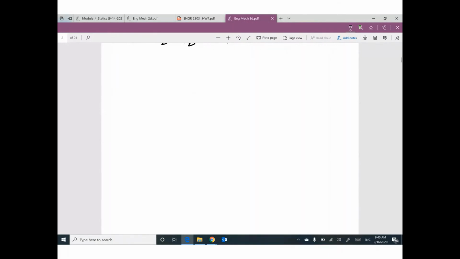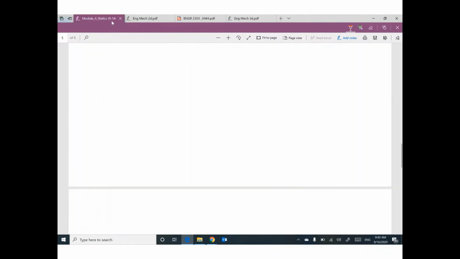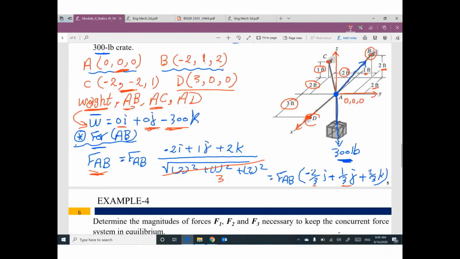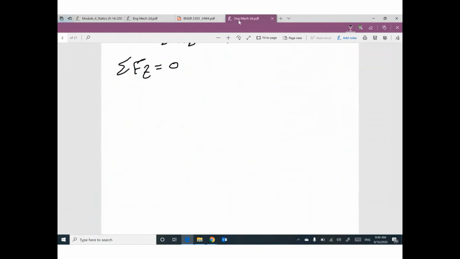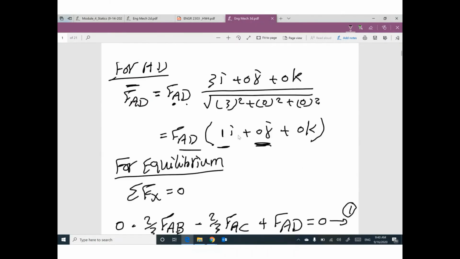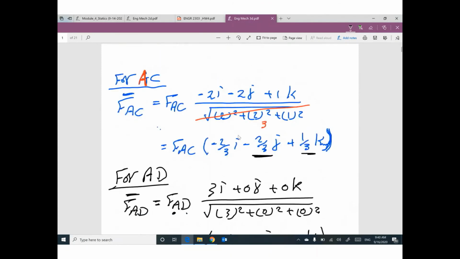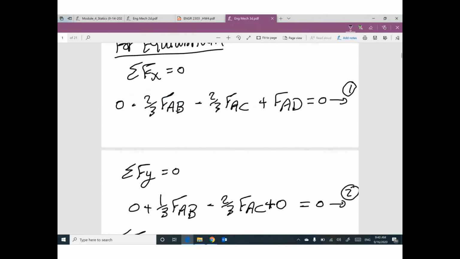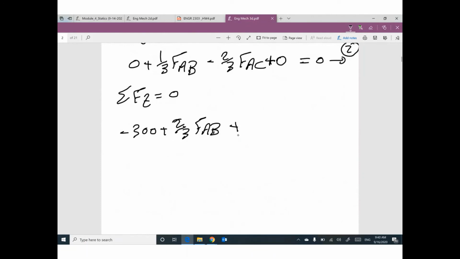Summation of all z components equals 0. One by one. Do you have a z component here? Yes, negative 300. 2/3 positive, so negative 300, positive 2/3 FAB. What else? For the other forces, we have z component positive 1/3 FAC.